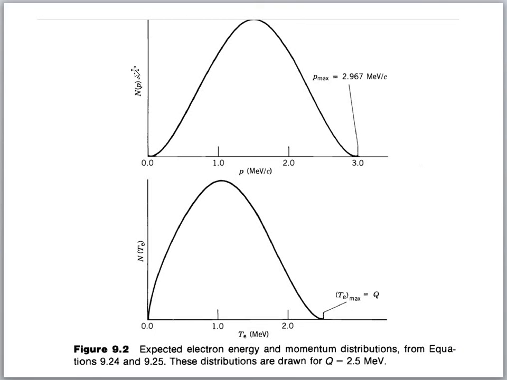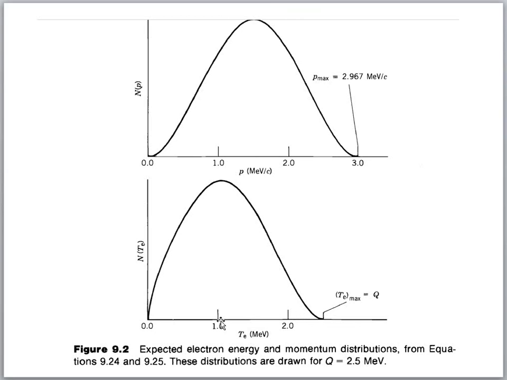This is N(p), the density of states, drawn against the momentum of the electron. At this point q is equal to 0, and the momentum of the electron has its maximum value, p maximum. At that time the neutrino energy is equal to 0, so the full energy is taken by the electron or beta particle.